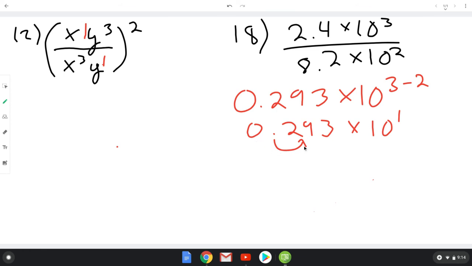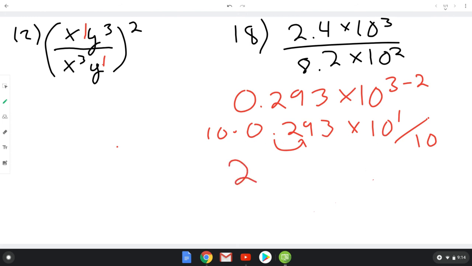Now, moving a decimal place to the right is the same thing as multiplying by 10. So to keep this number the same, what we're essentially doing is we're multiplying by 10 on this side and dividing by 10 on this side, right? Because if I multiply by 10 and divide by 10, then my number stays the same.